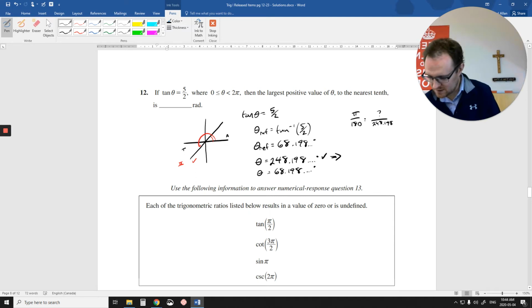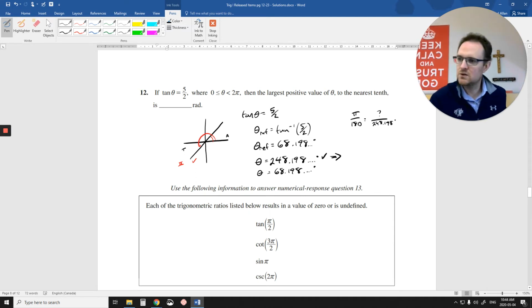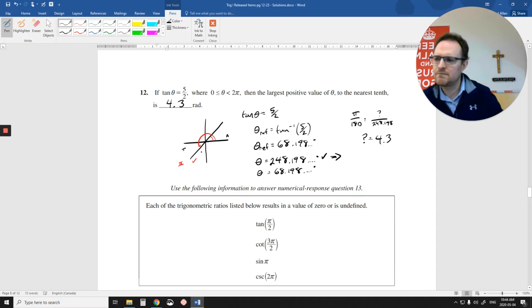Okay, so I'm going to times by pi divided by 180. So to the nearest tenth, all right, 4.3 rads. Should go to 100th on that one. Could be a little bit more precision, because it's 4.33188, dot, dot, dot.